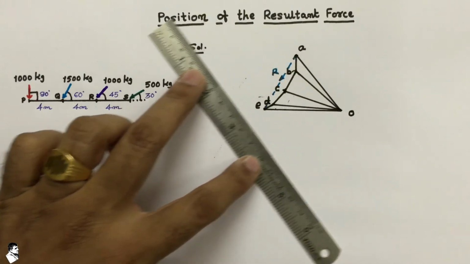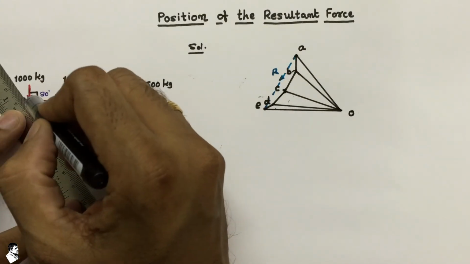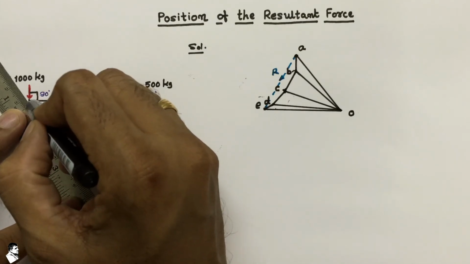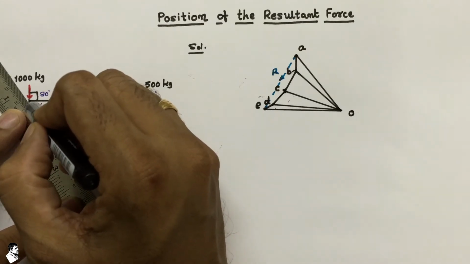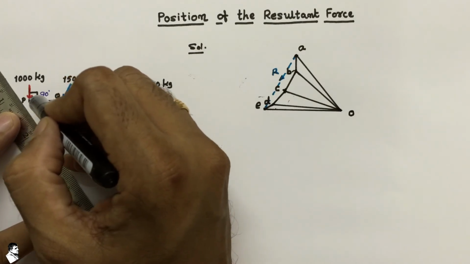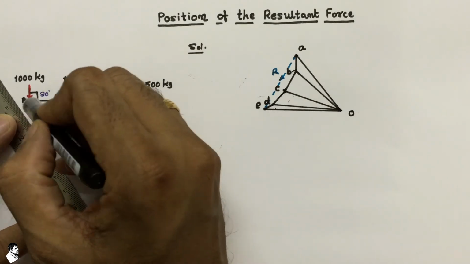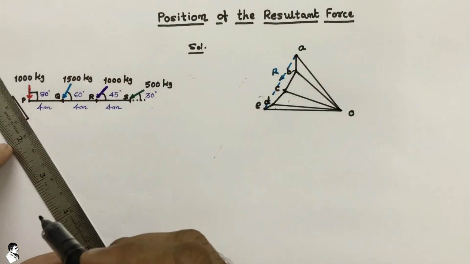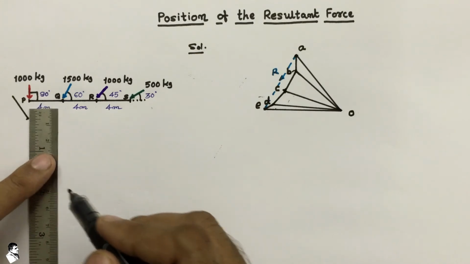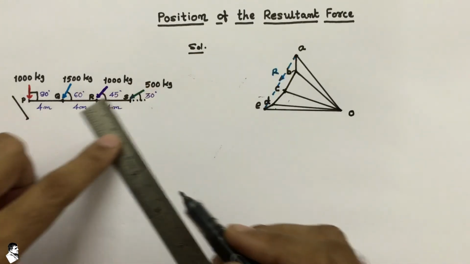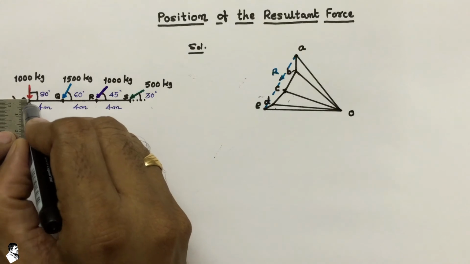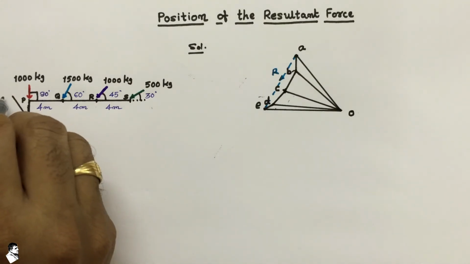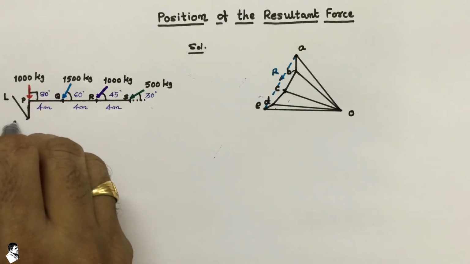Parallel to that we plot one line at point P, at some farthest location, and we take a vertical line, so that we call point L, and this one is P1.